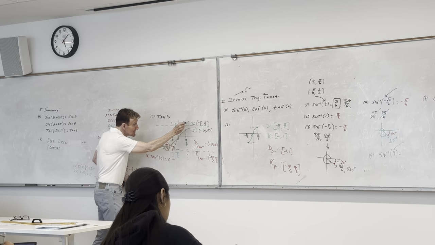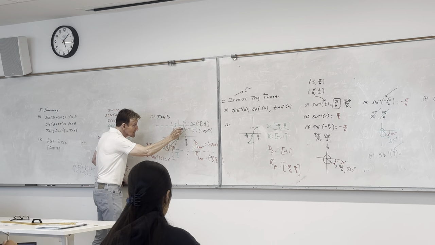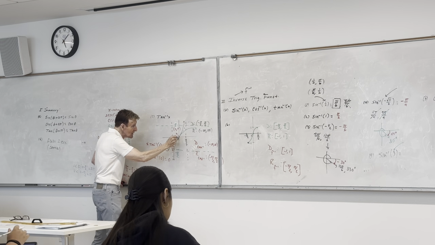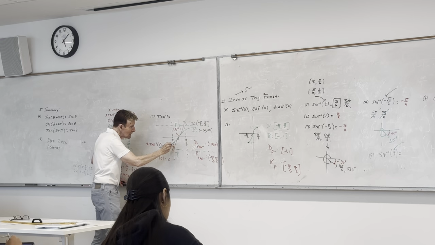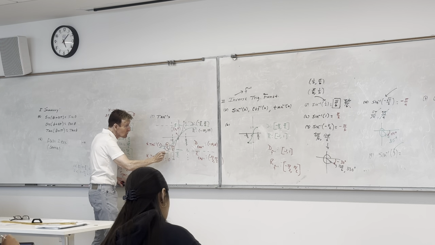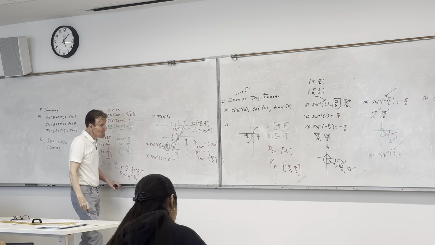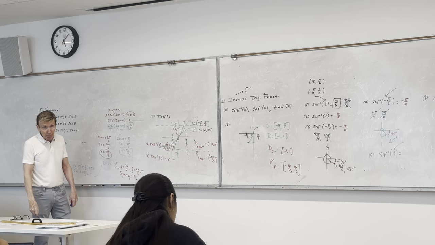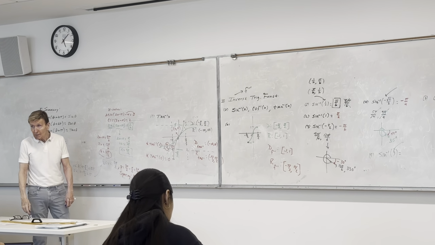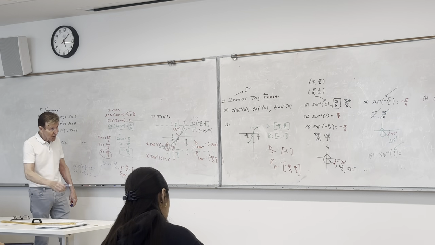Guys, this is y is equal to x, a nice straight line through the origin. That's your reflecting line for those two pieces. Make sense? Can you guys see that? So I'll throw that in.